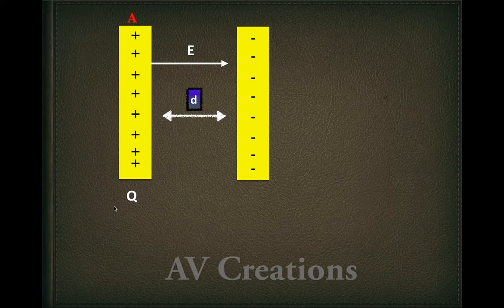So it is a parallel plate capacitor which has two conductors. The area of the conductor is A, and the distance between the conductors is d, and there is an electric field from the conductor having positive charge to the conductor having negative charge.